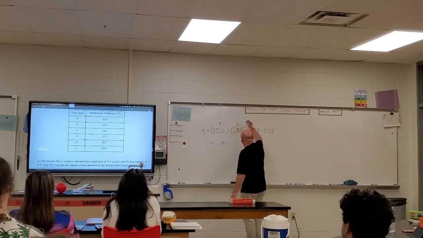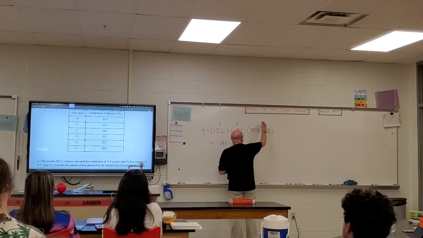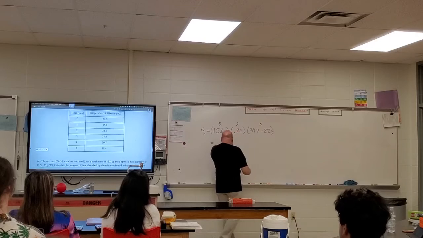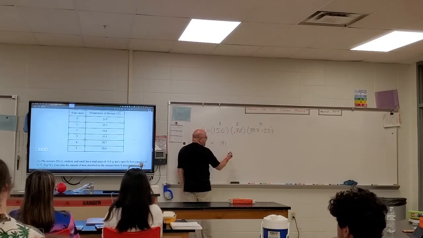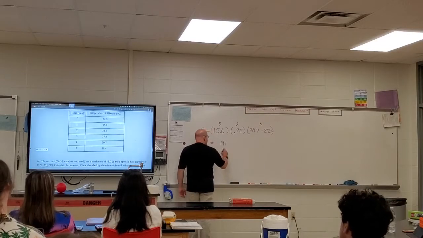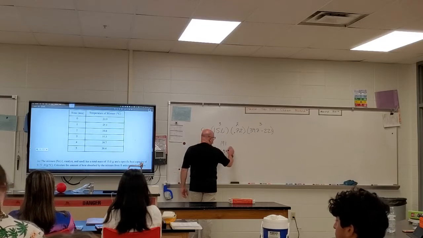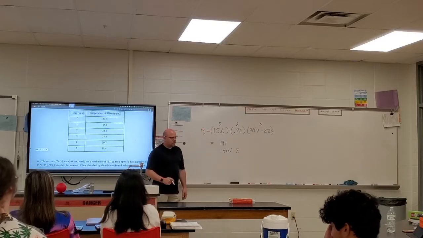Okay, so that's got 2, and this, after you subtract, is what you would use, and that's still going to have 3. So technically, it should just be 190. Or, even better, like we taught you in first year chemistry, 1.9 times 10 to the second joules.